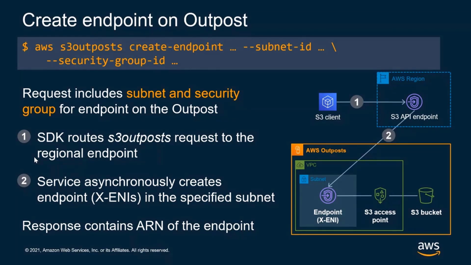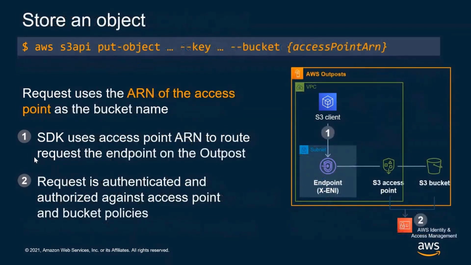It will then configure elastic network interfaces within the specified subnet for that bucket, and will also contain the resource name of that endpoint. Once you've set that up, you can start to use S3 on Outpost.